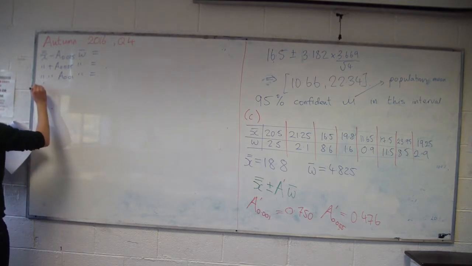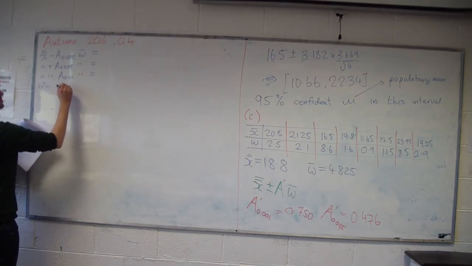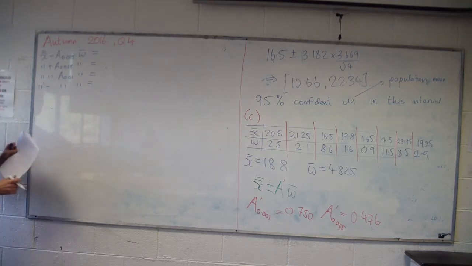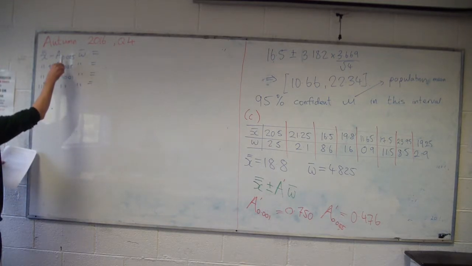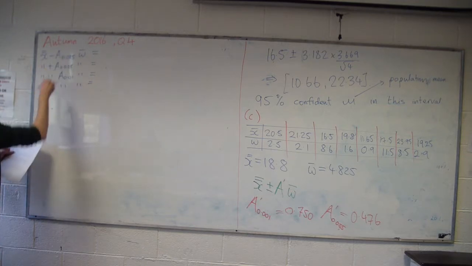X bar minus the same thing equals. So these are our 4 things, and you don't have to remember which is inner or outer because the numbers will line up. But these are the inner ones.